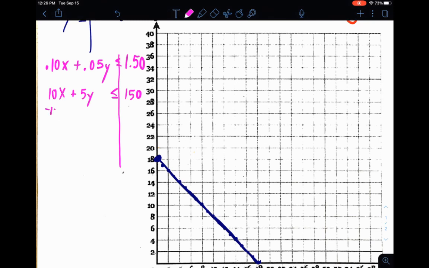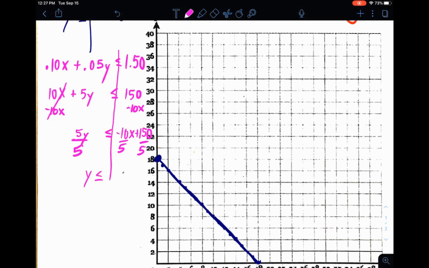Okay, then let's move 10x over. We get 5y less than or equal to negative 10x plus 150. And then divide every term by 5. Sometimes we get into a little bit of trouble because we fail to divide every term.